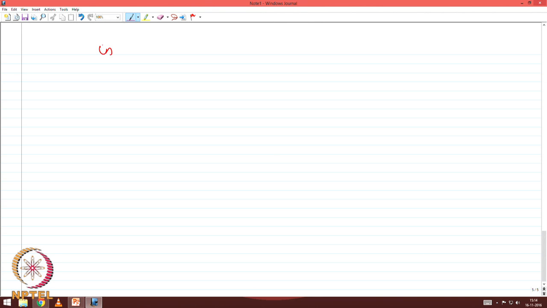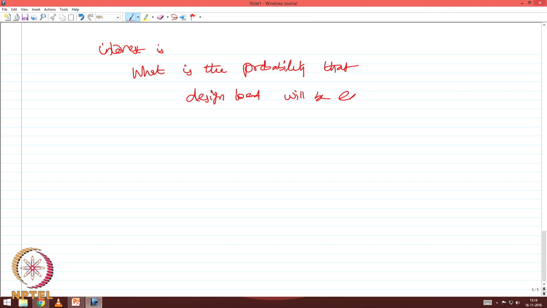So, now the interest is, what is the probability that the design load will be exceeded during the lifetime of the structure? So, that is the question now.